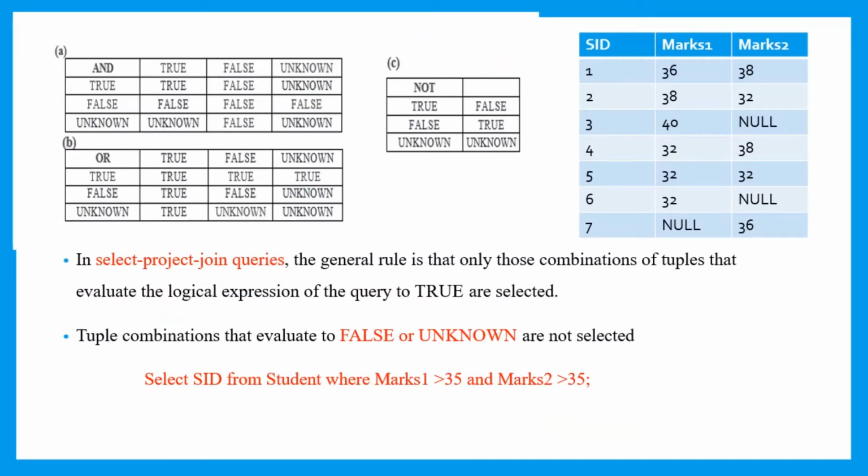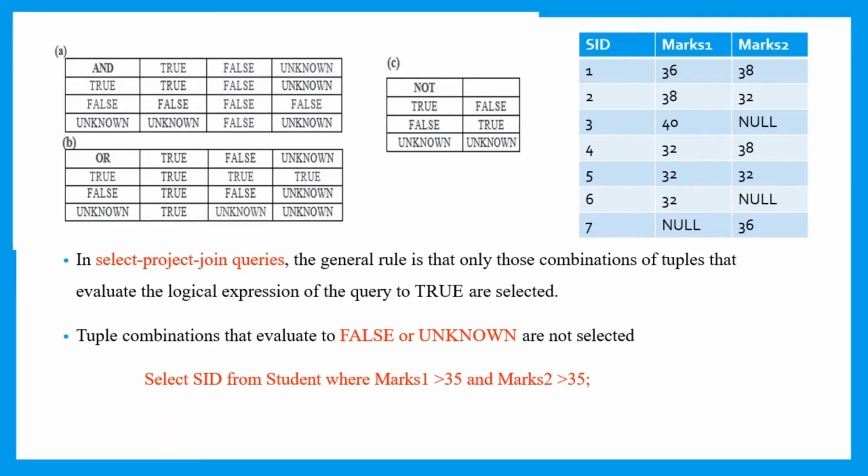In select-project-join queries, the rule is that only those combinations of tuples that evaluate the logical expression of the query to true are selected. The tuple combinations that evaluate to false or unknown are not selected.